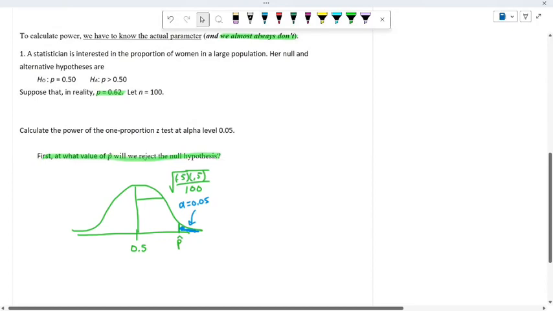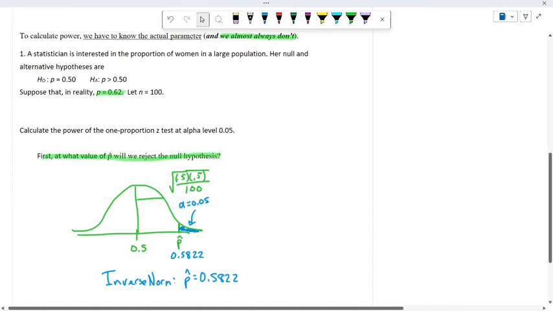So what is the p hat at 5%, or what is the 95th percentile, is another way to ask that. And so we can use inverse norm to calculate that. And so we would reject the null hypothesis for any values of p hat that are greater than 0.5822. Okay? We would reject the null hypothesis for anything greater than 0.5822.